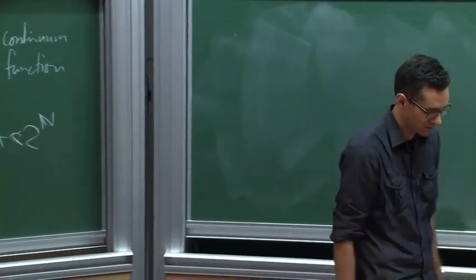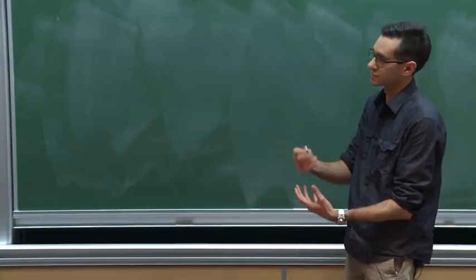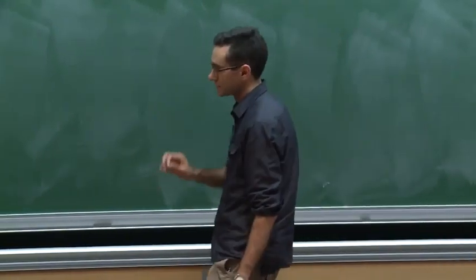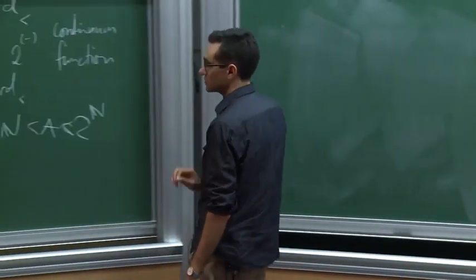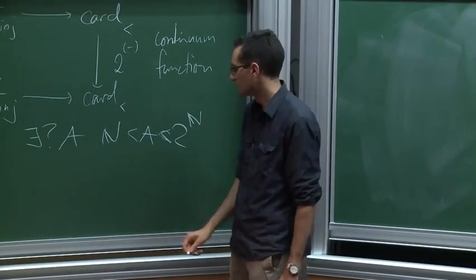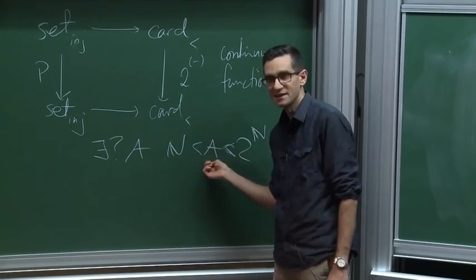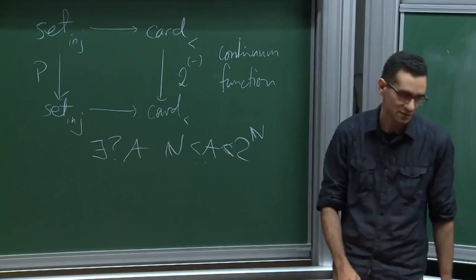And then Cohen came along and gave us forcing, and he said, well, I can construct a new model of set theory, and I build it explicitly with a set A in here, with these two different.